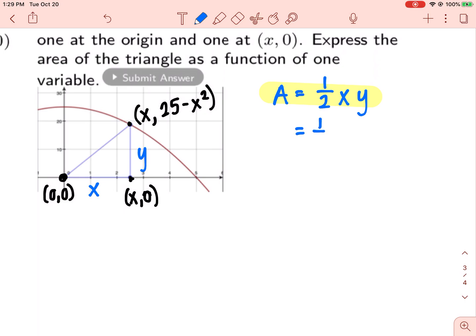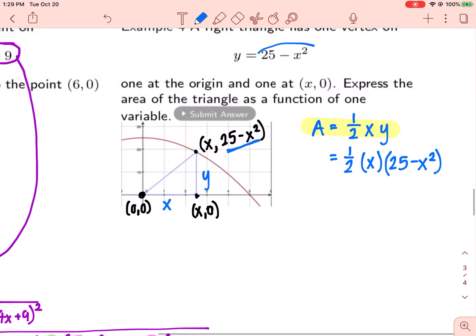Well, I know x is x, that's fine. But we can rewrite y as that y coordinate. Based on whatever x is, the y is going to be 25 minus x squared. That's given to us from the problem here, so we can just plug it in, and it's also given when you graph the point.